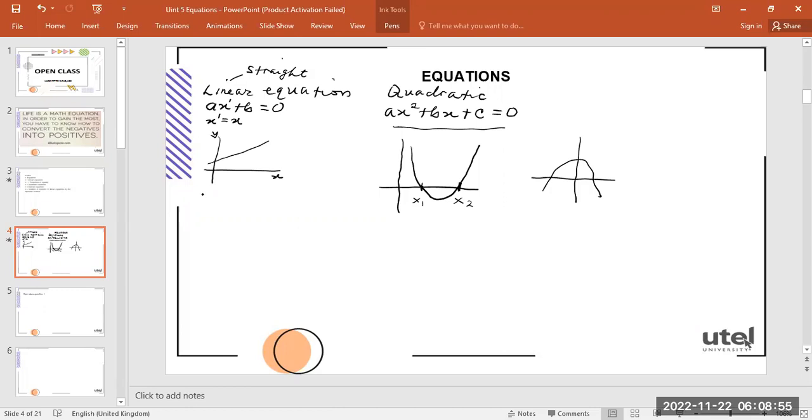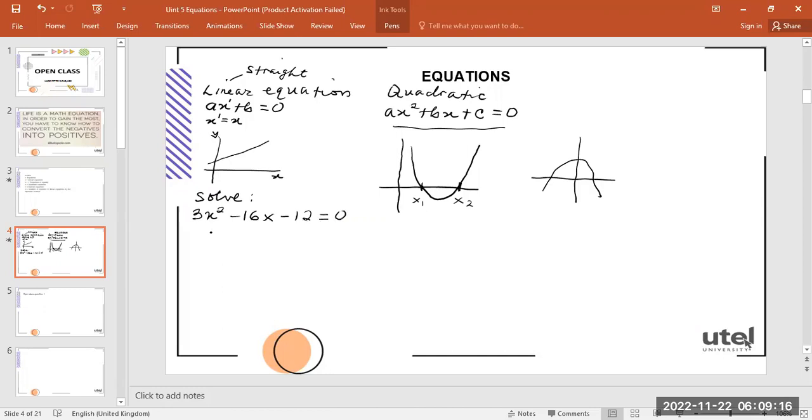Now, suppose you are given this equation and asked to solve 3x squared minus 16x minus 12 equals 0.